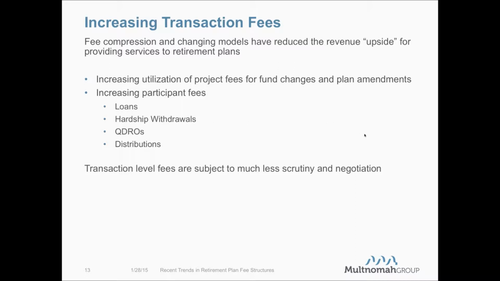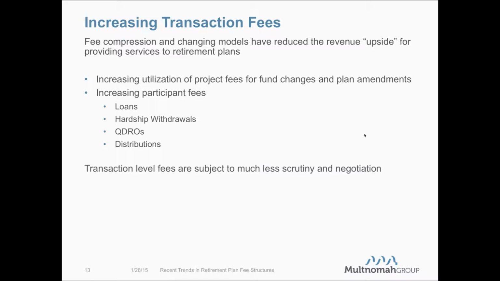I'll say on the vendor side, there's certainly a couple of things that we've seen that are pretty impactful, and maybe the one that was most notable in 2014 was based on the fee compression and the change really in many cases from asset-based pricing to per capita pricing. Those changes have reduced pretty significantly the upside.